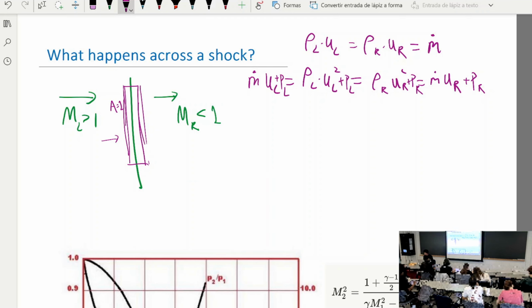Now, as we cross the shock, velocity decreases. So m dot is the same, but UL is slower than UR, which means how does the pressure change? UL is higher, UR is lower, so PR has to rise compared to PL, right?